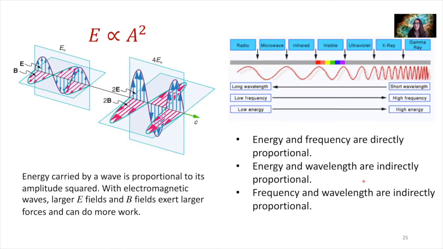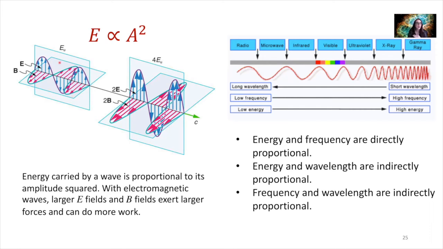Energy is proportional to the amplitude of the wave squared. Energy here is the capital E, but here we're looking at our light wave. Remember, we said that light waves are electromagnetic waves, the electric field being perpendicular to the magnetic field, and they oscillate.